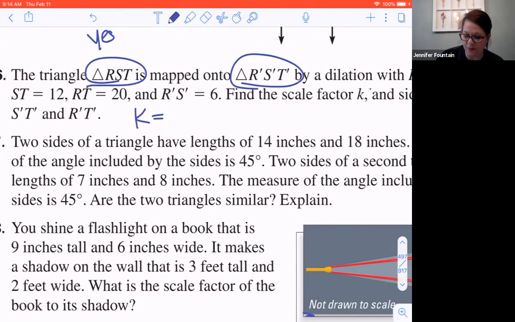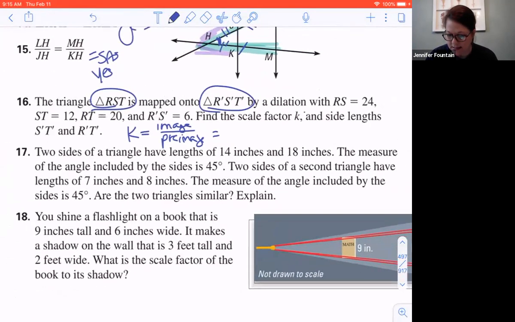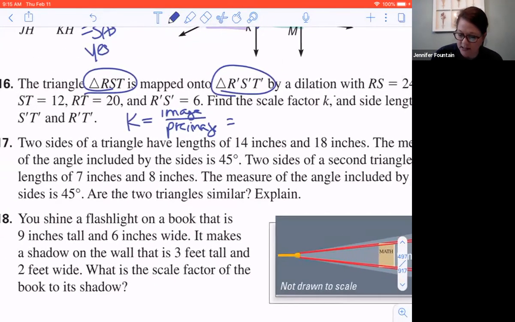I'm going to have image over pre-image. So what did they say that R prime S prime is equal to? It's equal to 6, right?